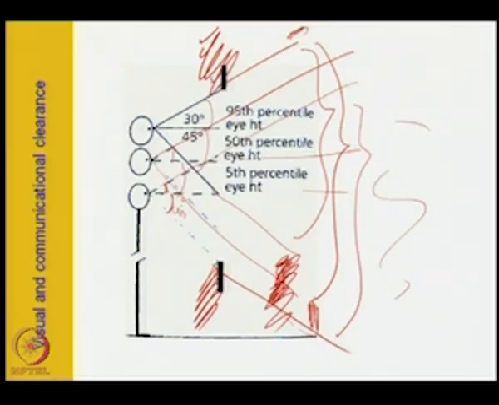Considering 3 different height persons, if we have from here till this level, then this area will give all types of people clear vision.